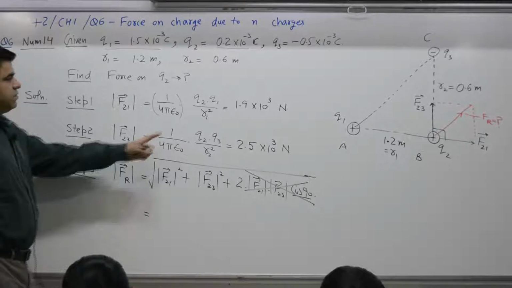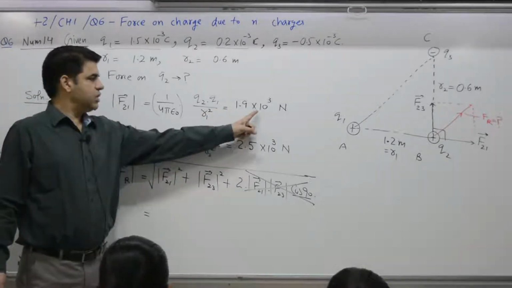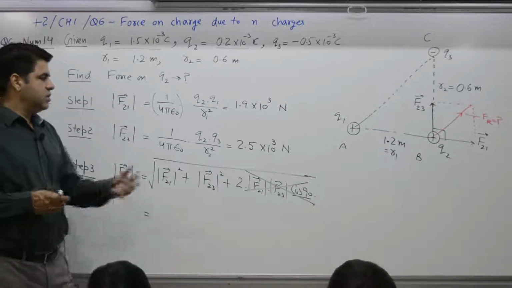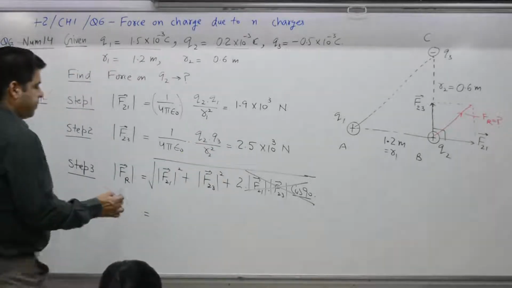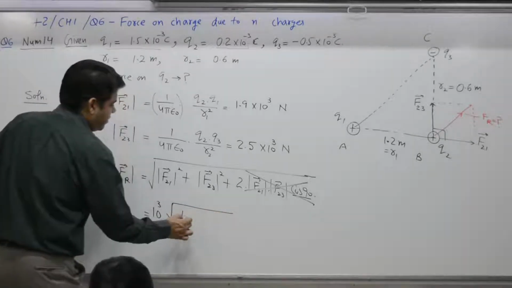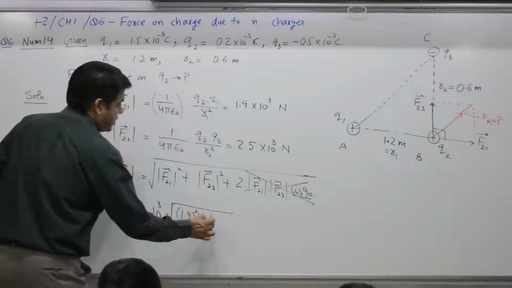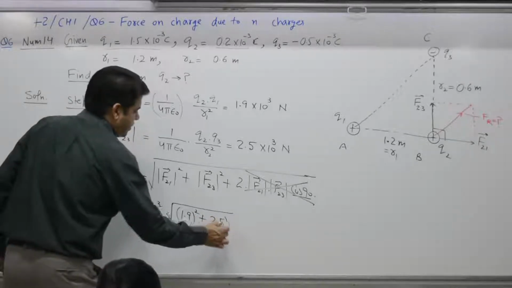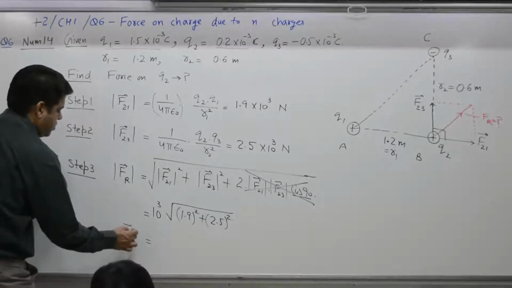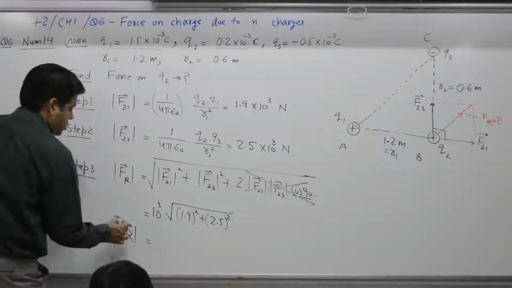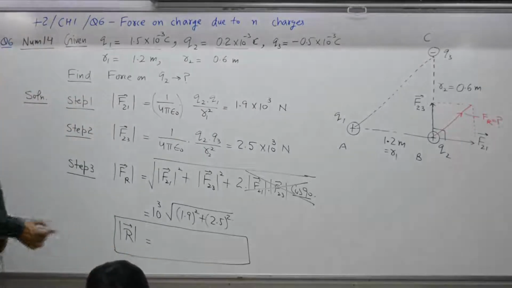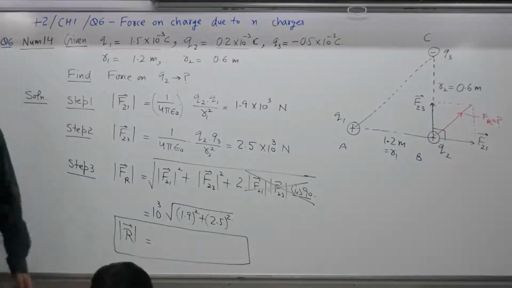Solve. You can take 10 to the power 3 common. What you get is 1.9 square plus 2.5 square, into 10 to the power 3. What is 1.9 square plus 2.5 square?